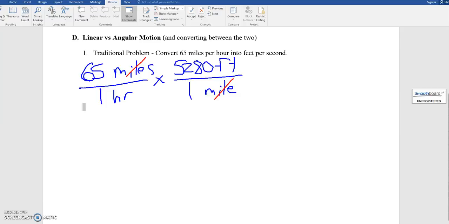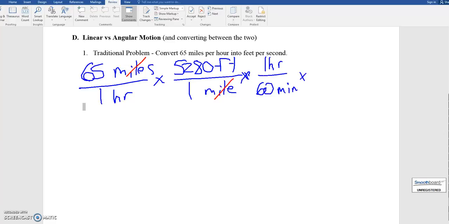My job is now to continue this work and convert the time from hours into seconds. Some of you might know a way to do this right away, but I think for most of us we're probably going to multiply by two quick simple fractions here. In 1 hour I know there are 60 minutes, so in this case I put 1 hour on top and 60 minutes on the bottom.